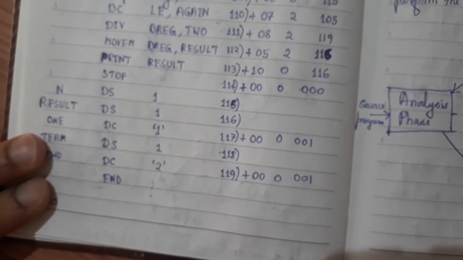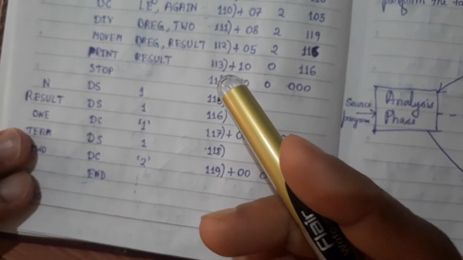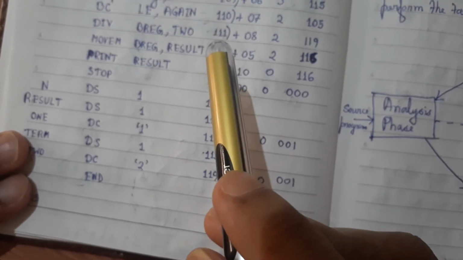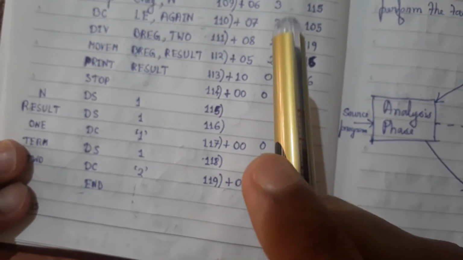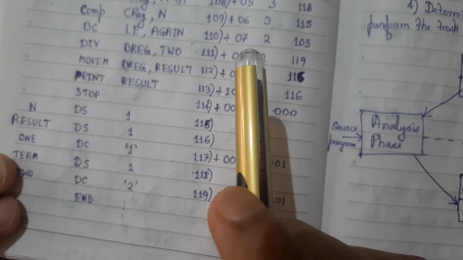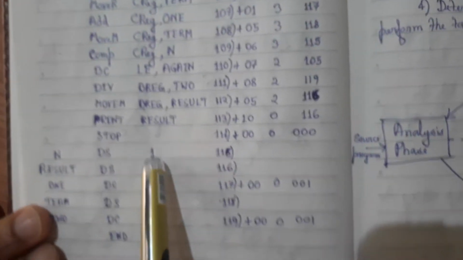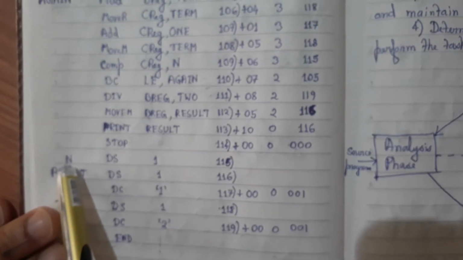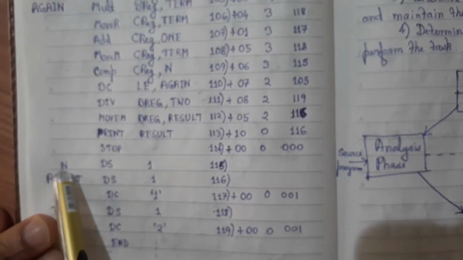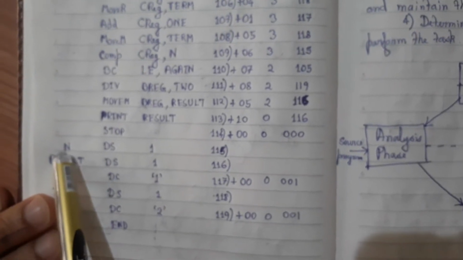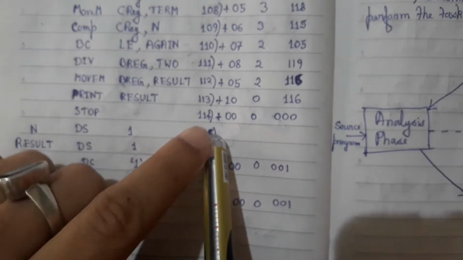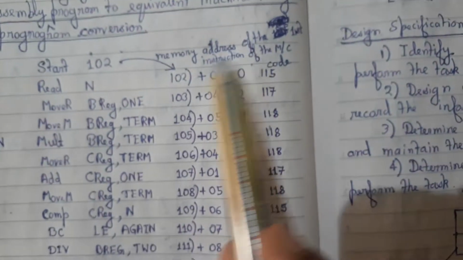We know that there are 3 types of assembly statements: one is the imperative statement, one is the assembler directive, and one is the declarative statement. So this is a declarative statement, DS. 1 means 1 byte of memory will be allocated for the symbol N. And it has the address 115 now. Now we got the address 115, so we'll put the value 115 where N was there in the instruction.